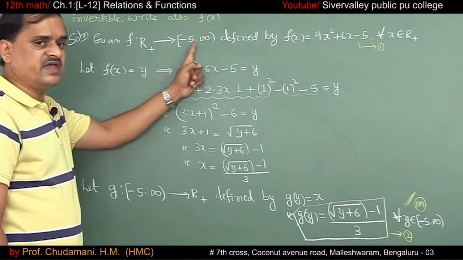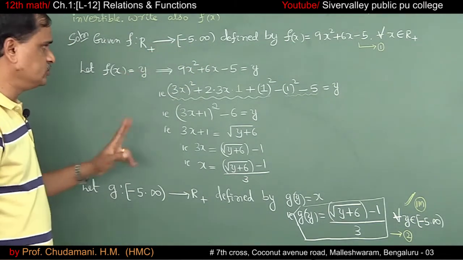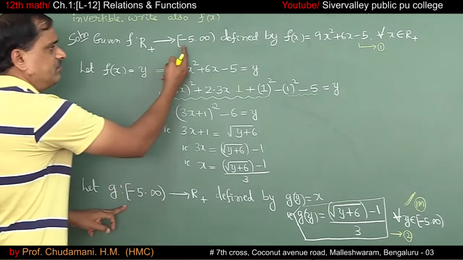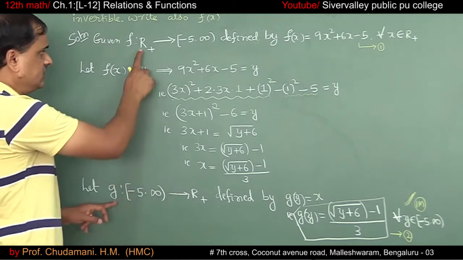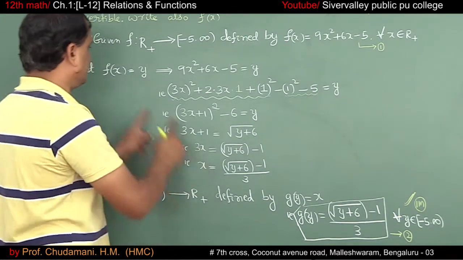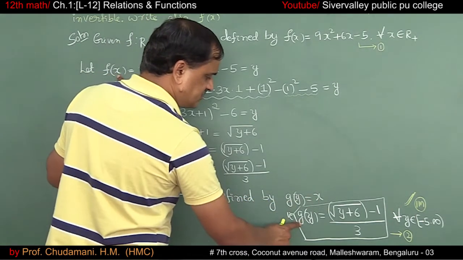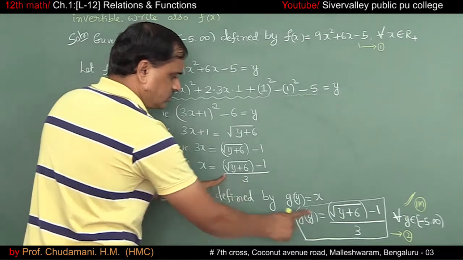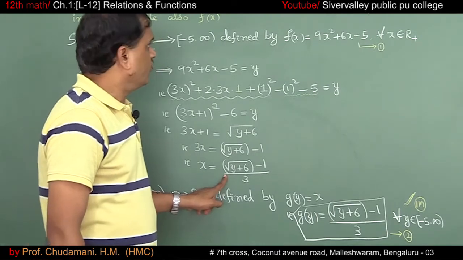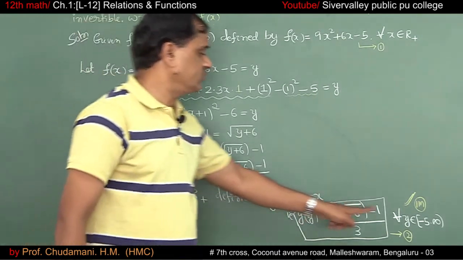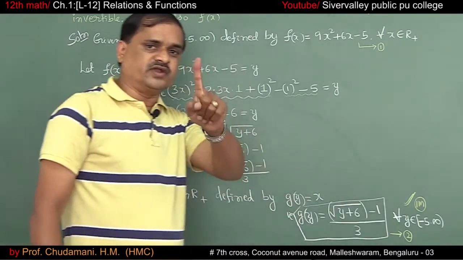So f from A to B being an invertible function, there is g from B to A. You need to assume, let g from the closed interval minus 5 comma infinity to the positive real numbers be defined by g of y equal to x. G of y equals x means x is nothing but root of y plus 6 minus 1, divided by 3, for all y belonging to the closed interval minus 5 comma infinity. So once you obtain equation 2, you get the first mark.